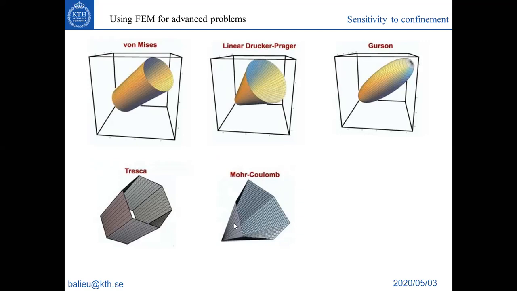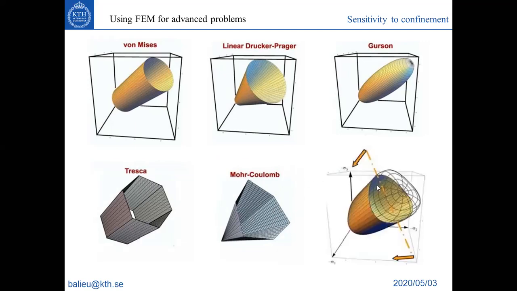I cannot say it's a cone, but there is also a difference between tension and compression, and it's also around the hydrostatic pressure axis. But it is a non-smooth yield surface. And there are also very complex yield surfaces, which can take into account the different tension and compression, which have a saturation. So there are many different yield surfaces.